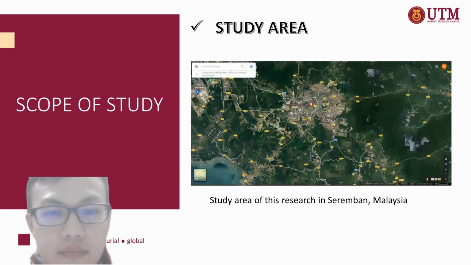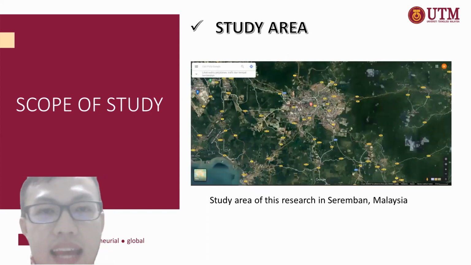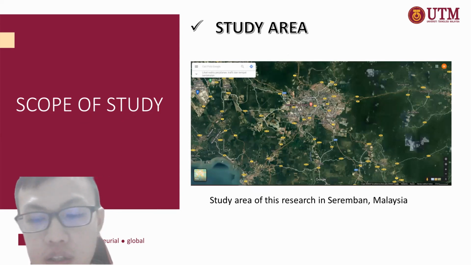Next, scope of study. My study area is focused on Seremban, Malaysia. So why has Seremban, Malaysia been chosen as my study area? Because Seremban covers established housing, residential, village, commercial, forest, agriculture, water body, and infrastructure.